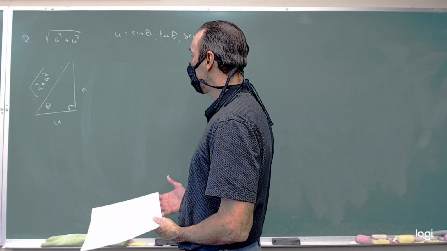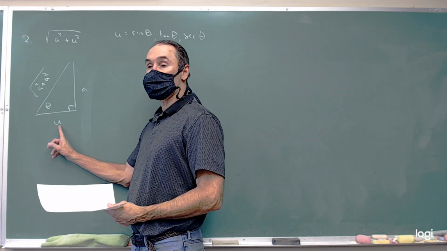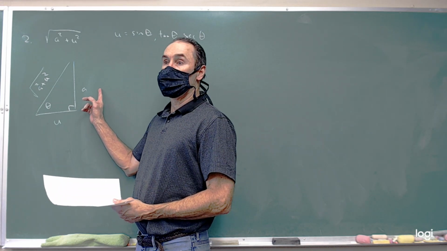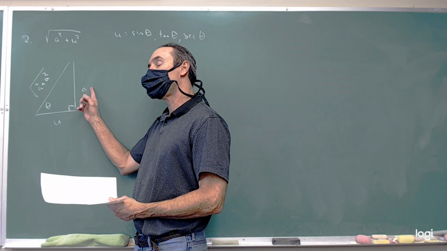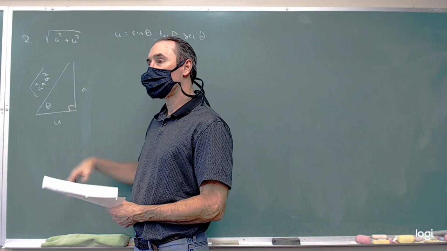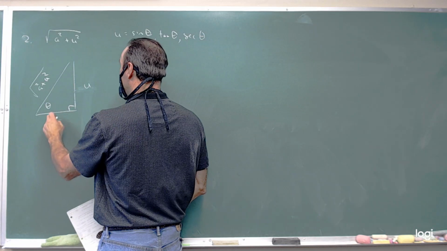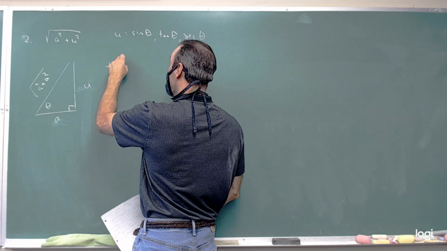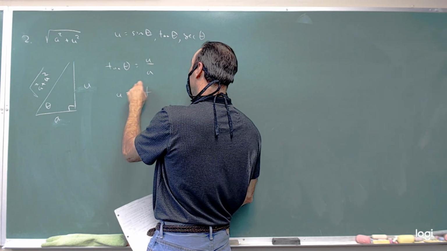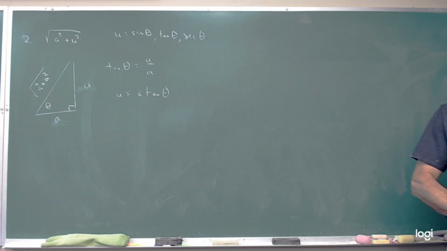So if I did this, then the trig function that connects our u, which holds the x in it, with the constant, would be adjacent over opposite, a cotangent. I don't want that. So I did them wrong, so I'm going to switch it. Now I can say the tangent of theta is u over a, so our u is going to be a tangent theta. Is that okay?